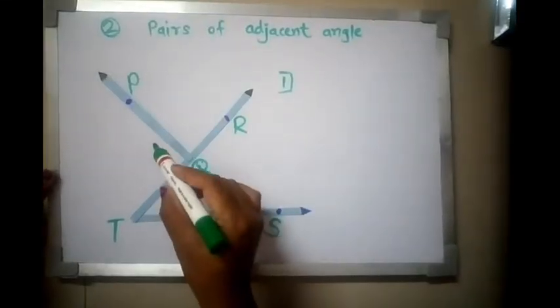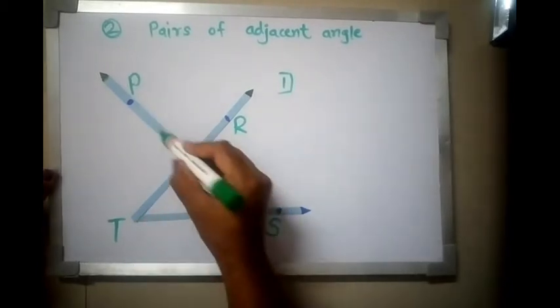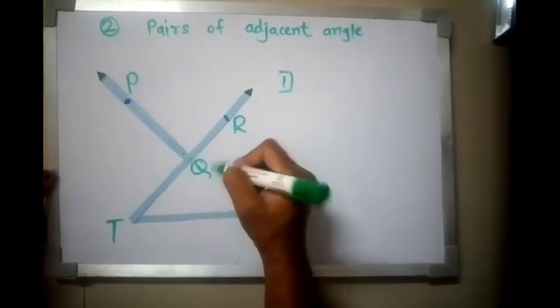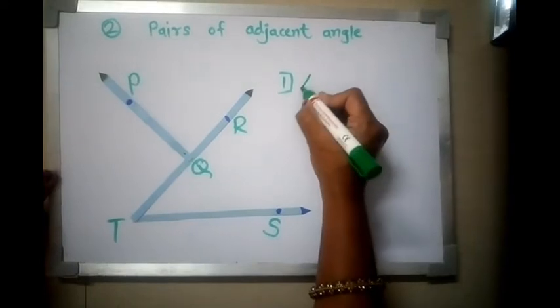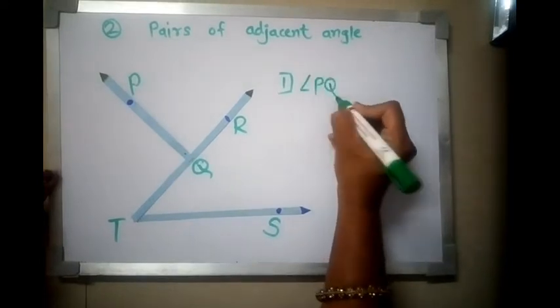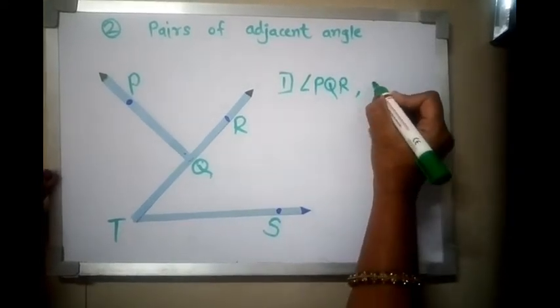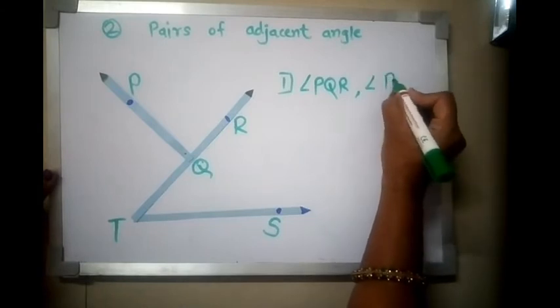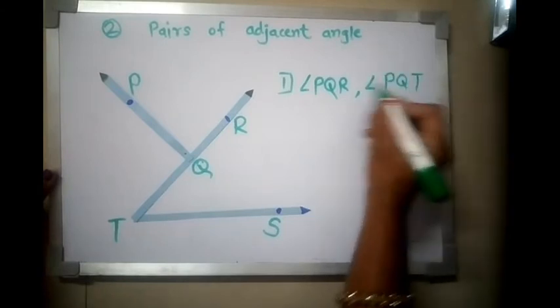Second, write down pairs of adjacent angles. In this figure, two pairs of adjacent angles. First, angle PQR and angle PQT.